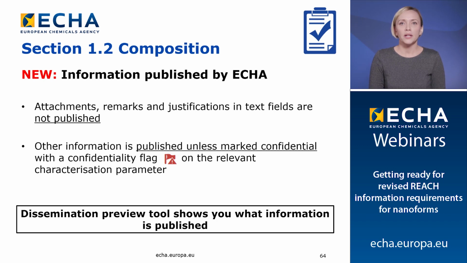For the fields for nanoforms, attachment, remarks, and justifications are not published, but for other information you would like to keep confidential, you must select the confidentiality flag on relevant parameters. We recommend you to use the dissemination preview tool to check what information from the dossier will be published by ECHA.